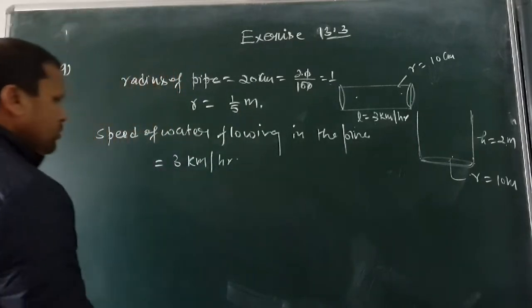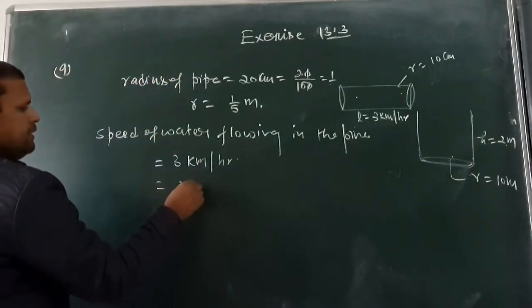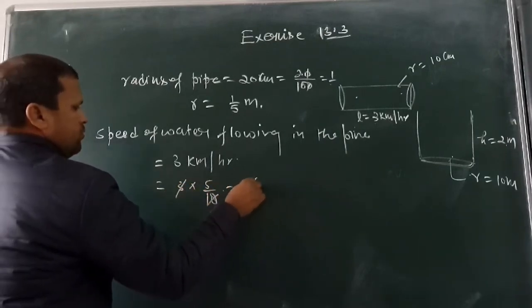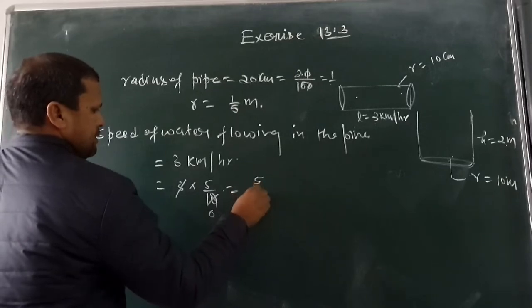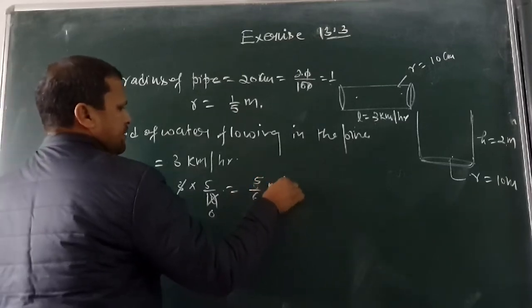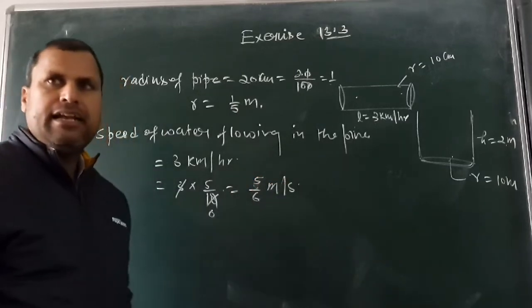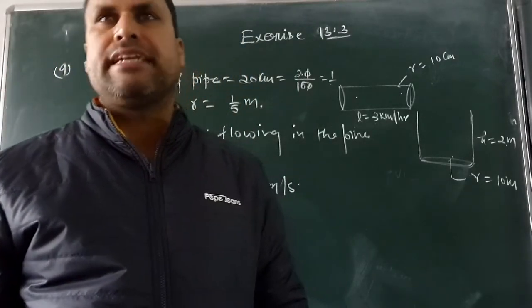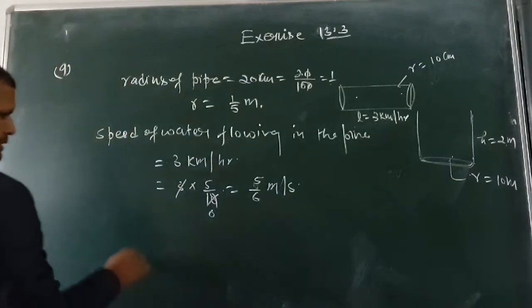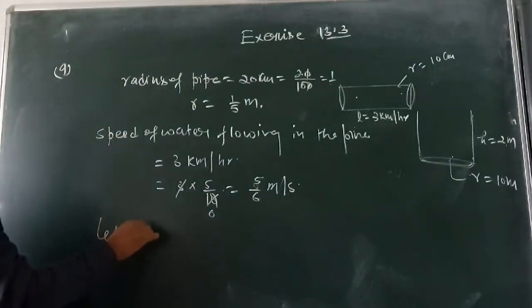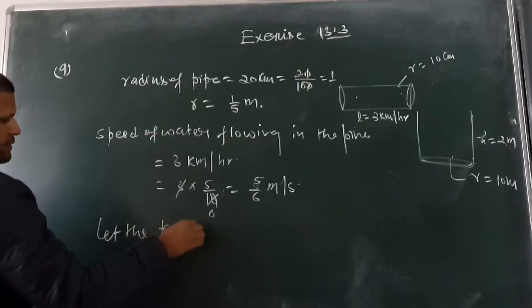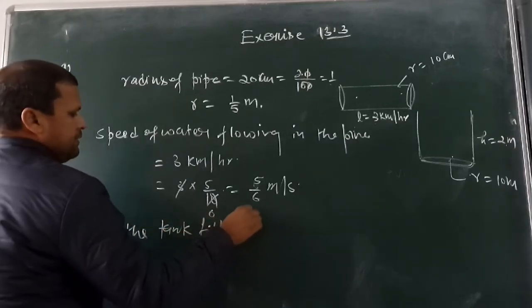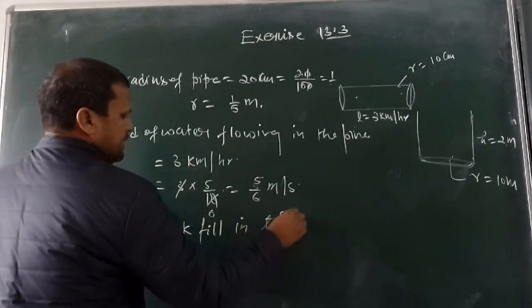Okay? So 3 into 5 by 18. So 5 by 6 meter per second. Let the tank fill in t seconds.